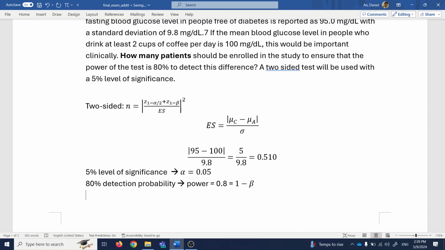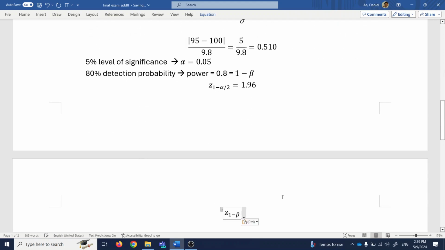Okay, so now you're going to calculate each one of them. I already know this value, Z 1 minus alpha over 2. When alpha is 0.05 with two tails, this is 1.96, so we can just use that. What is Z 1 minus beta? Can anyone calculate this for me?